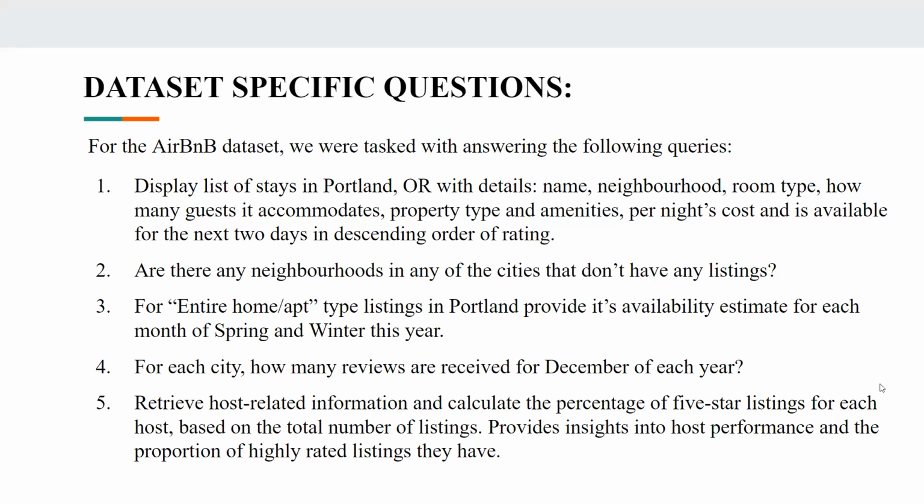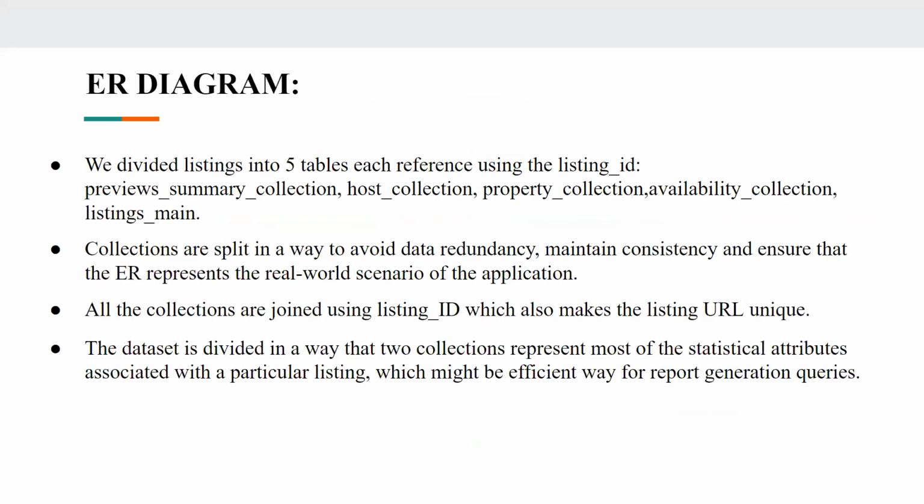Next slide, please. So let us first talk about the ER diagram. We divided the listings table into 5 different tables, each referenced using the listing ID. The 5 tables are the review summary collection, host collection, property collection, availability collection, and listings main.